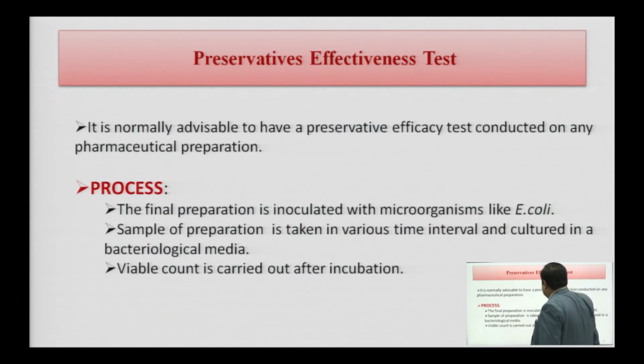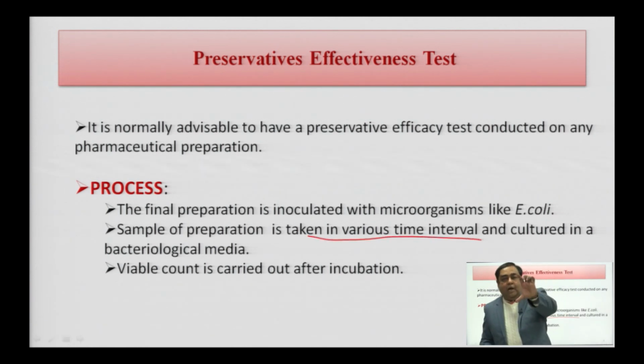What we do is, the final preparation is inoculated with microorganisms, and then samples of the preparation are taken out at varying intervals of time. That is, we deliberately add the bacteria into the pharmaceutical preparation with the preservative.